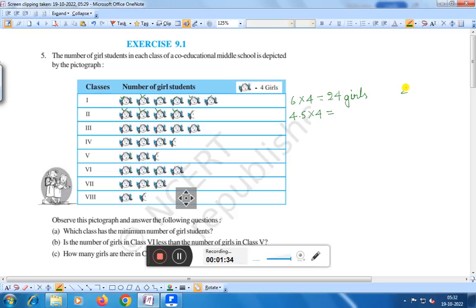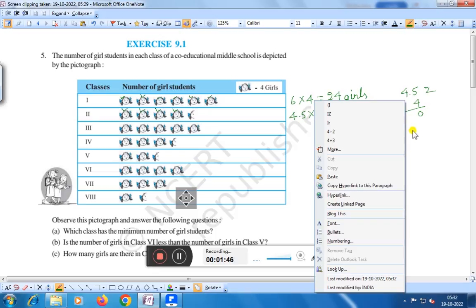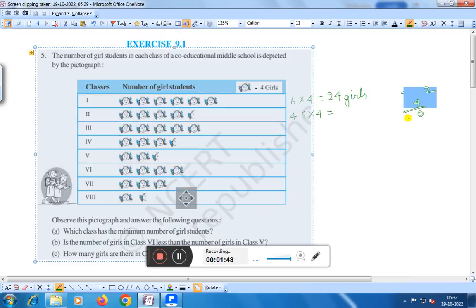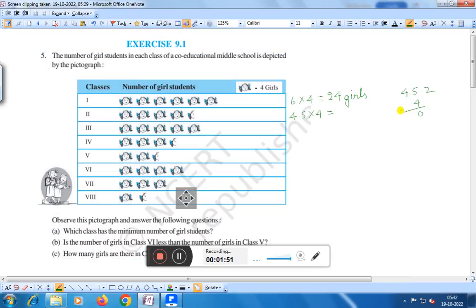Therefore 4.5 into 4. 4 fives are 20, 4 halves are 2, that is 18. Therefore, there are 18 girls in class 2.